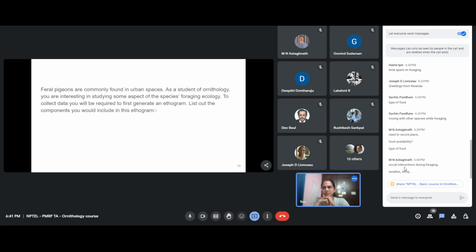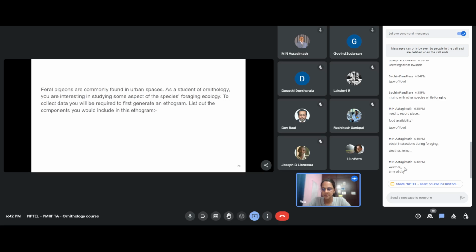Okay, weather, temperature. Yes, those are other things included in the ethogram. Surely, if it's raining, are they foraging more, or what particular things are they foraging? Temperature, yes. Also, feral rock pigeons are urban birds, so there is no seasonality in availability of resources.